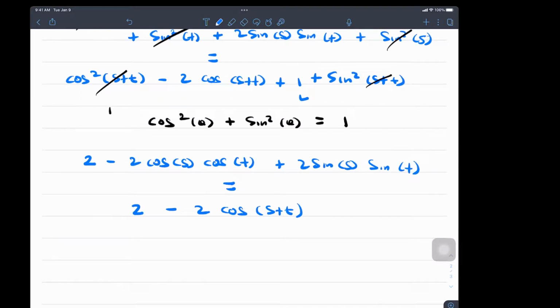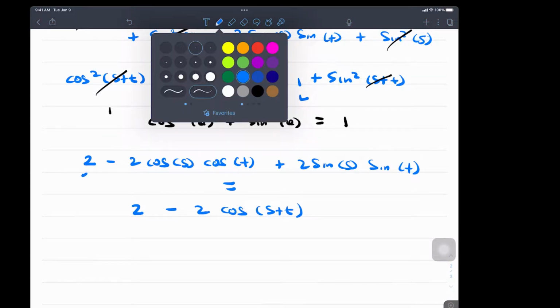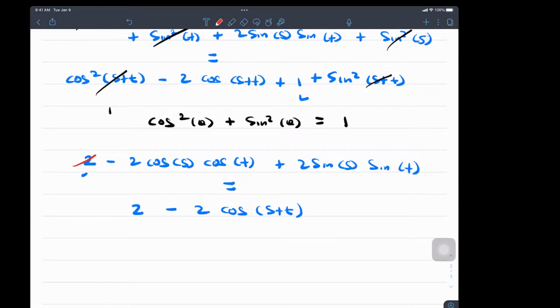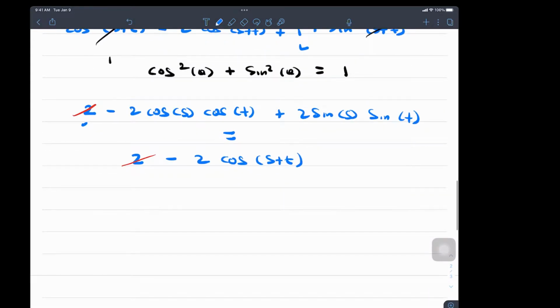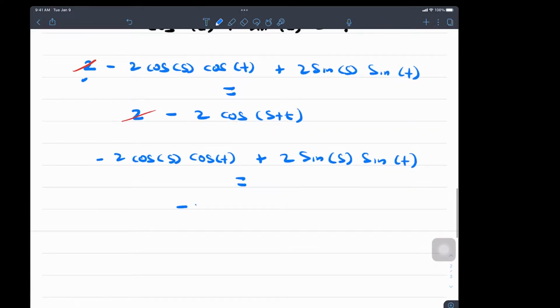So you say, what does that do now? Well, we can get rid of the 2's here, because if 2's are equal on opposite sides, what that does for you, it gives you this minus what? 2 cosine s cosine t plus 2 sine s sine t, and that's going to be minus 2 cosine s plus t.